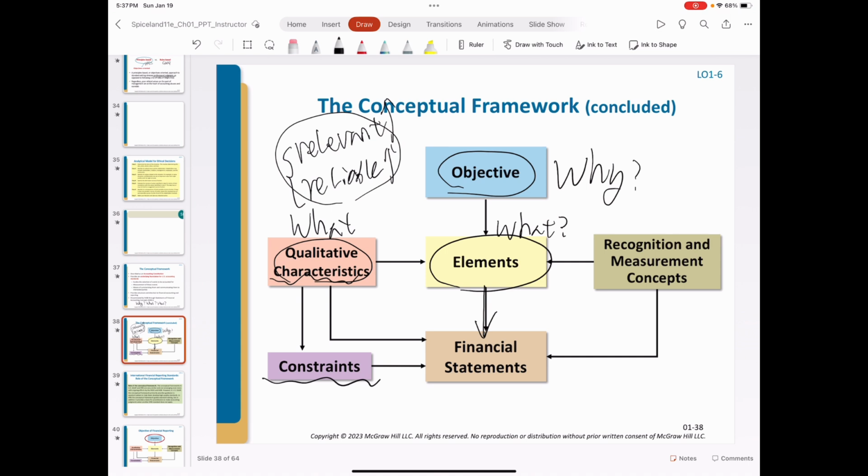Just like what we learned in economics, right? We always have trade-offs. And so here, we cannot increase the usefulness of information unlimitedly. There's also a constraint.